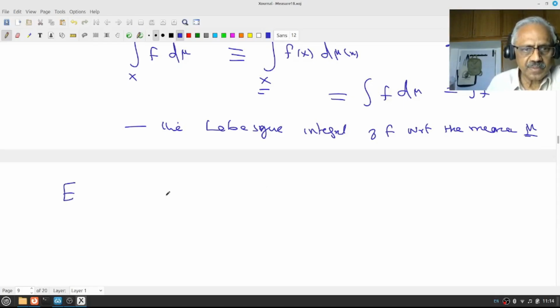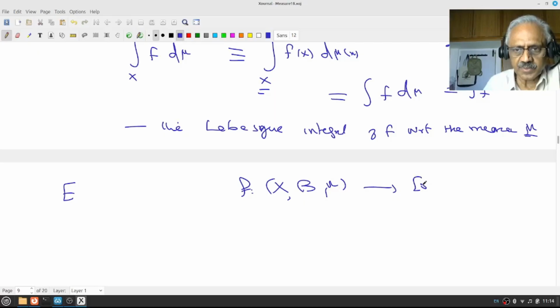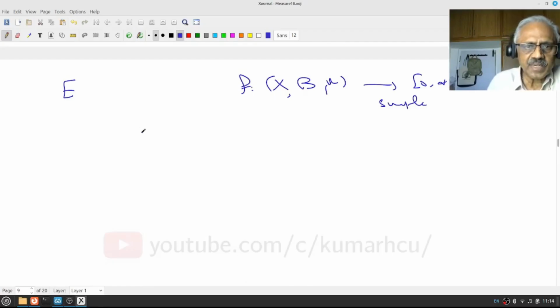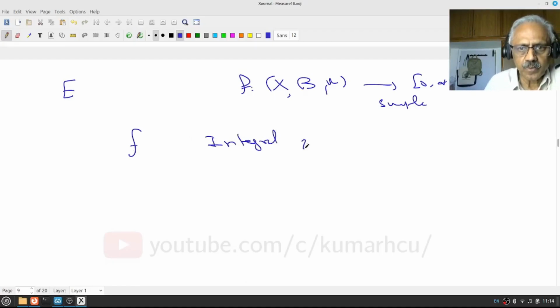Suppose f is a function from X, μ to again [0, ∞). Let it be simple. Then we may want to define the integral of f over E, not on all of X. Okay, the way we define it is the following.